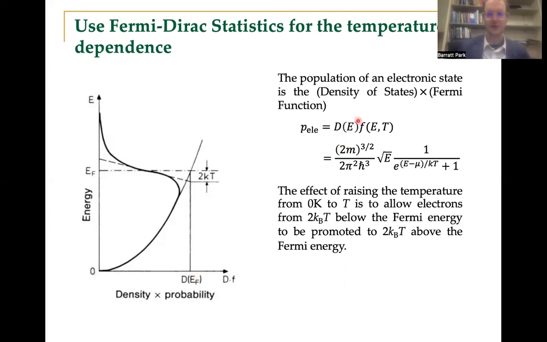The density of states grows as the square root of energy, so it looks like this. Then this function gets multiplied by this rounded-off step function. And if you multiply these two functions together, you get a distribution that looks kind of like this curve here.